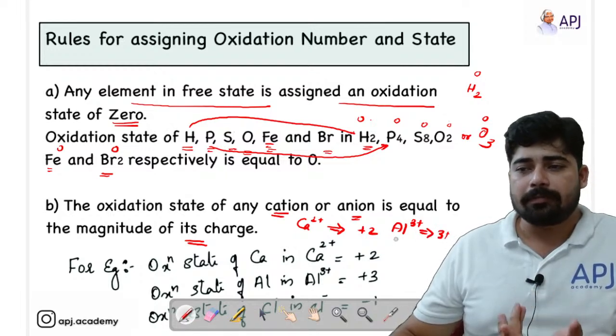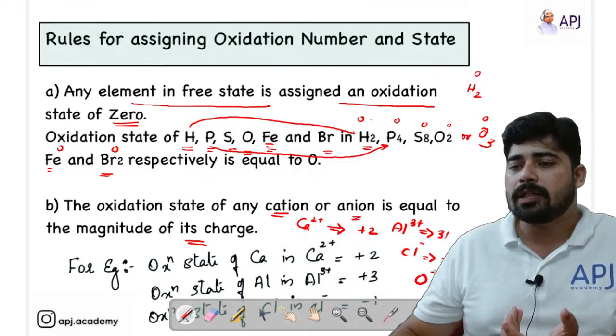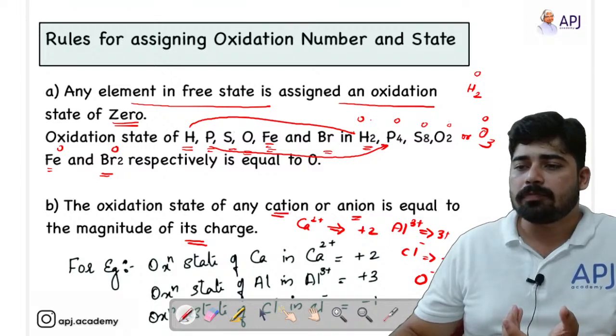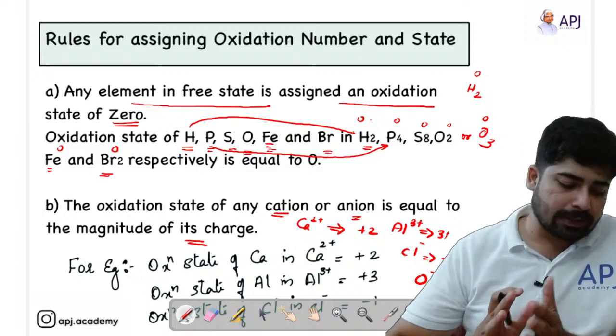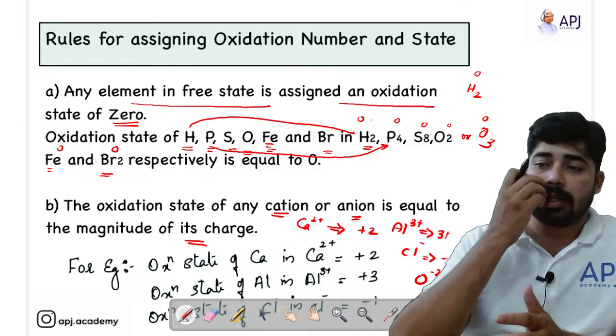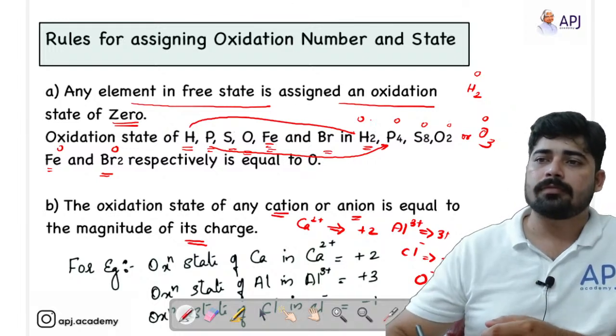What is the oxidation state of chlorine in Cl-? It is -1. The oxidation state of oxygen in O2- is -2. So in cationic or anionic form, the oxidation state is equal to the charge on that ion.